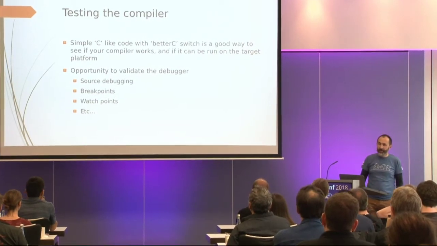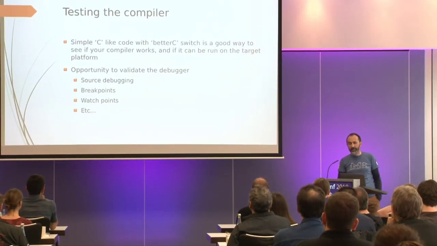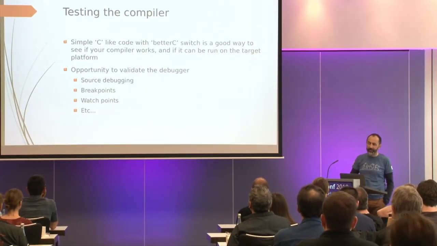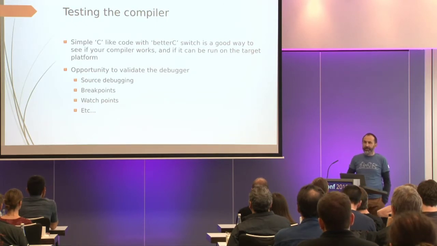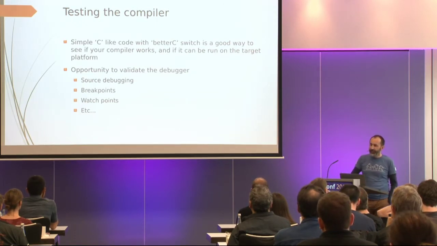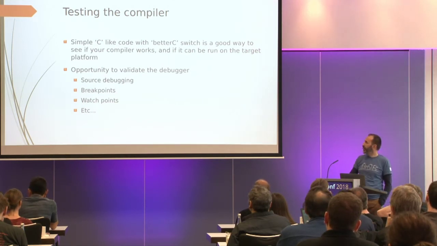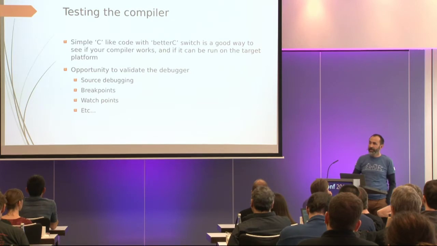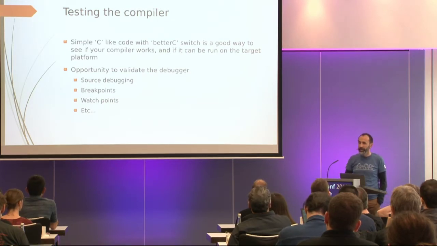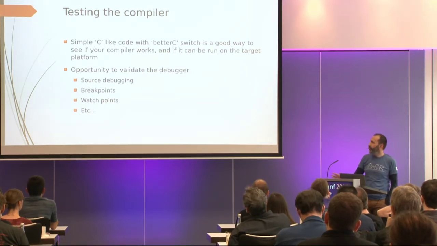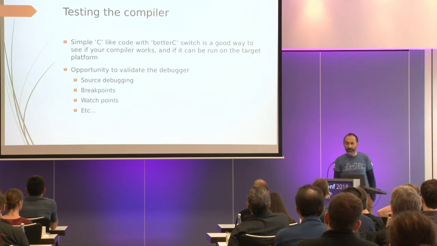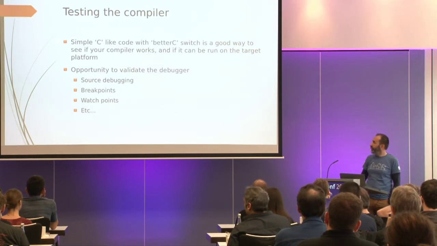You can use betterC, with simple C-like code, to verify if the compiler works and if the generated code can be run on the target platform. This is also the opportunity to validate the debugger, to see if source debugging works, breakpoints work, watchpoints work, because this for us is very important. If we don't have a debugger, this is a blocker. And it all worked reasonably well.